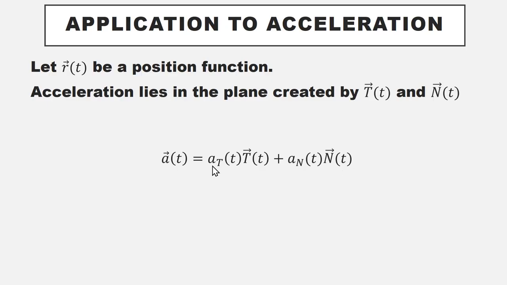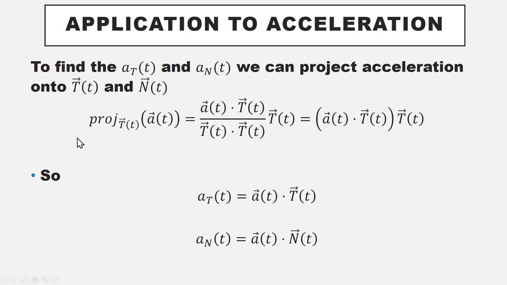Now, these coefficients, a sub t and a sub n, can be found by doing what we've done earlier. If I project my acceleration vector onto my unit tangent vector, the formula would be acceleration dot product unit tangent divided by unit tangent dot product unit tangent times the unit tangent vector.